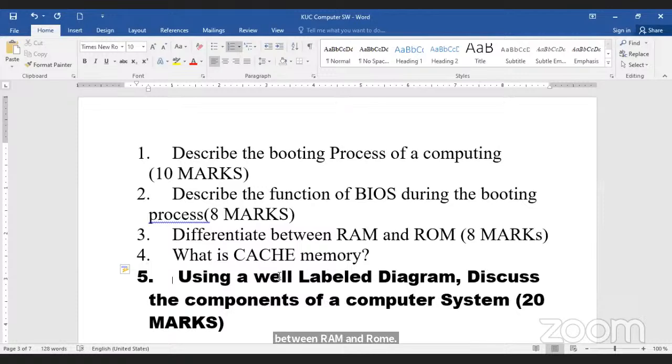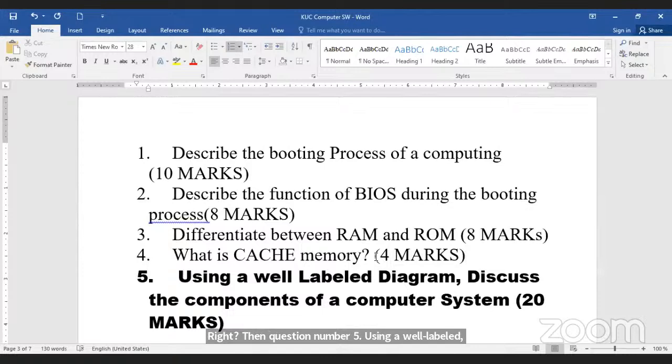Question number 4, what is cache memory? This cache memory, I can give it 4 marks. Then question number 5, using a well-labeled diagram, discuss the components of a computer system. Let me give this one 12 marks.